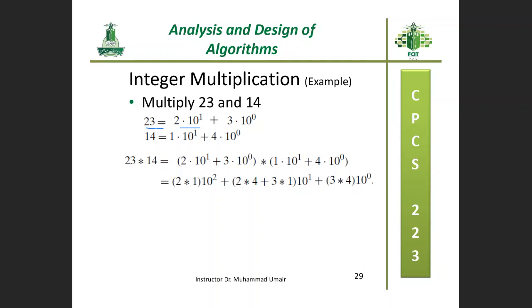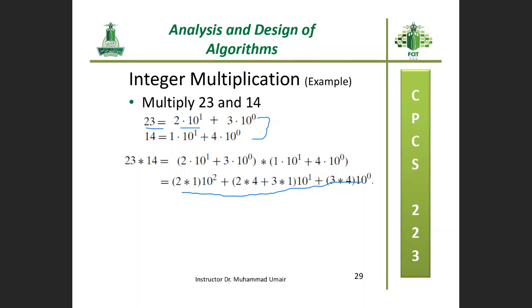Is it clear? Now, if you multiply these two expressions with each other and simplify, you will get this expression: 2 into 1 into 10 raised to power 2, plus 2 into 4 plus 3 into 1 into 10 raised to power 1, plus 3 into 4 into 10 raised to power 0.